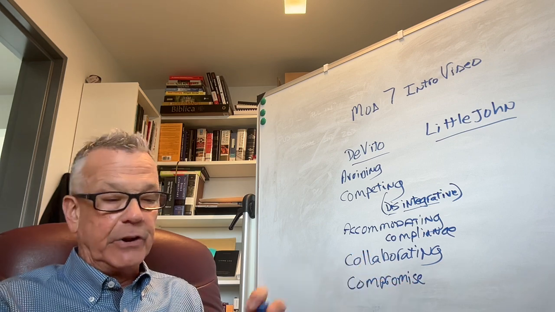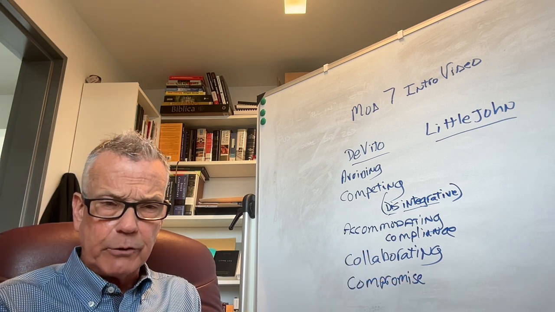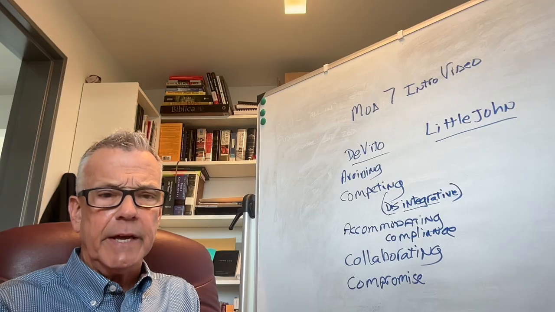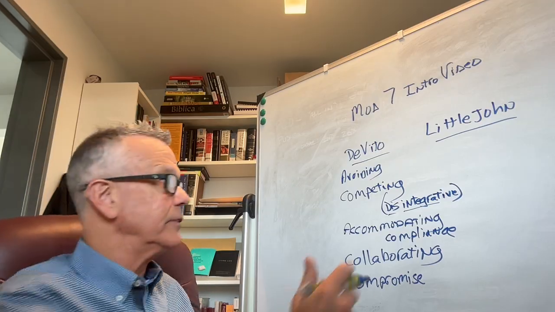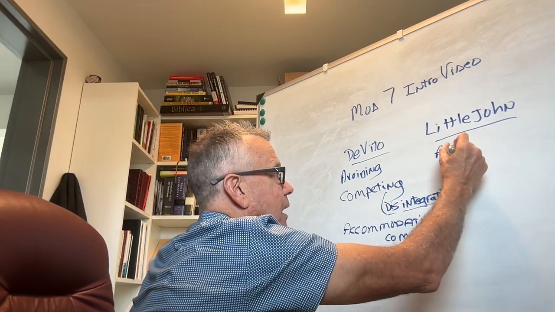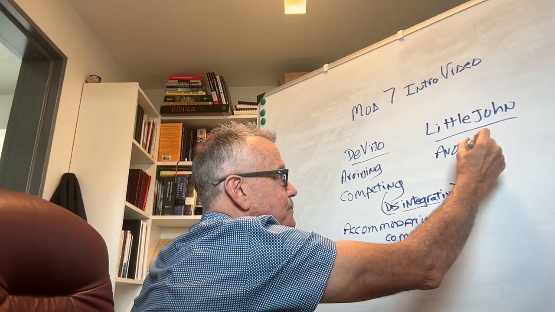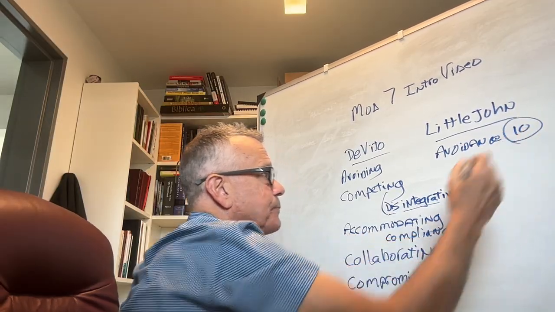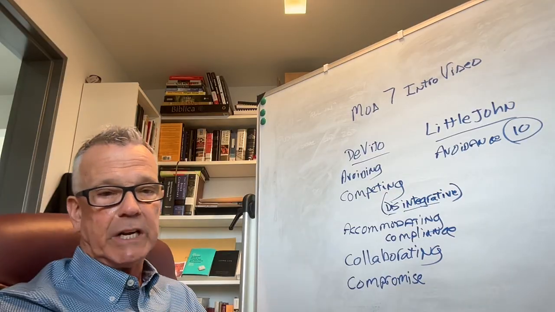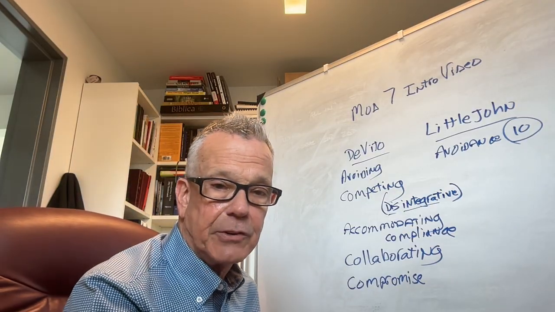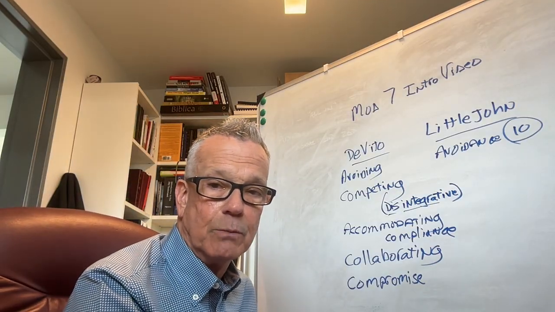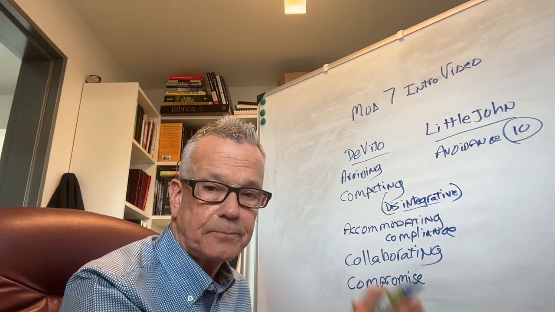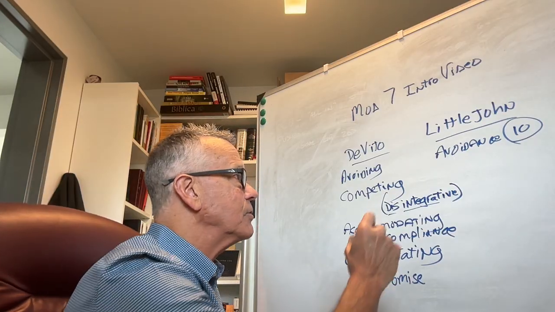Littlejohn groups these behaviors into three major categories. There are avoidance behaviors, and there are 10 of them. You can look at the sheet that I've attached to Module 7 and follow along if you want. There are 10 avoidance behaviors.